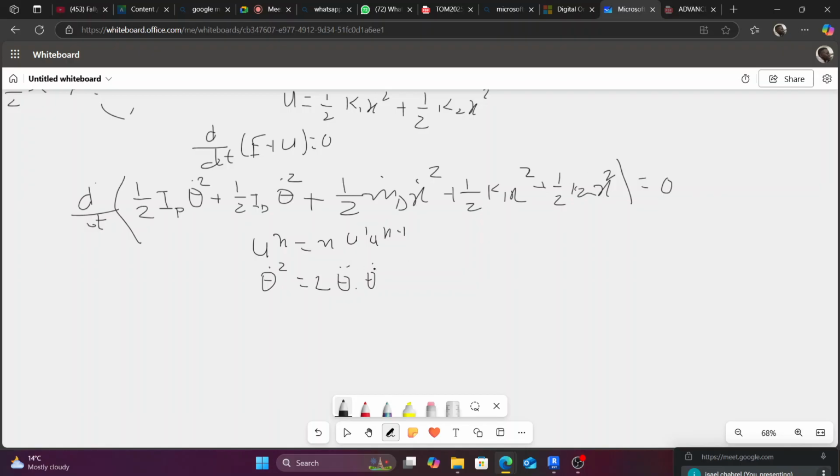That would have been an easy mistake to make, because normally you need brackets to do the chain rule. Remember, you only use the chain rule when you have a power. If I write theta dot square, it is the same as theta dot to the power 2.